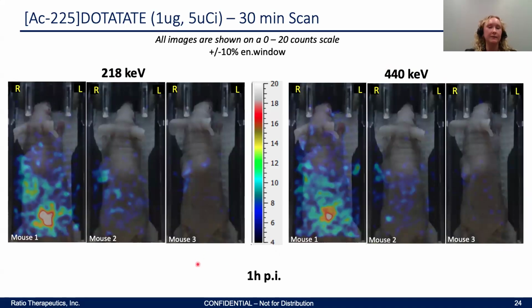We are seeing, as expected, a bit more scatter here, especially in that first mouse that had high bladder, which we saw in the 82 image as well. There's a lot more scatter throughout the body, definitely impacting some of the organs, but we are seeing a little bit of signal around the tumor, arguably maybe some around the kidney in some of these images.